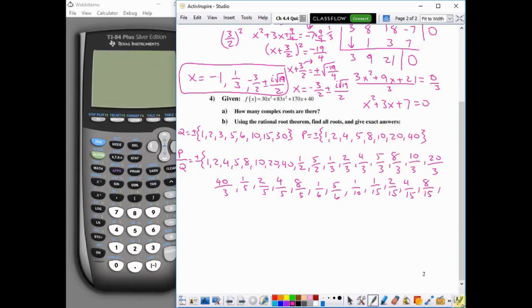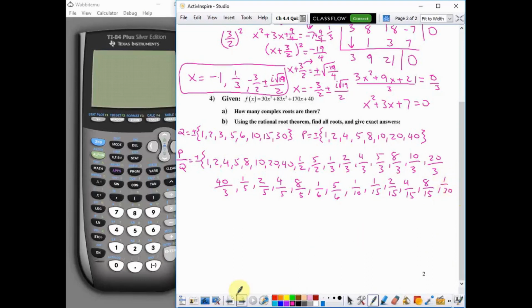That simplifies to, let's see, 20/15, both of these are divisible by 5, so 4/3, and we've got that here. And then 40/15, we've also got as 8/3, so we can move on to everything over 30.